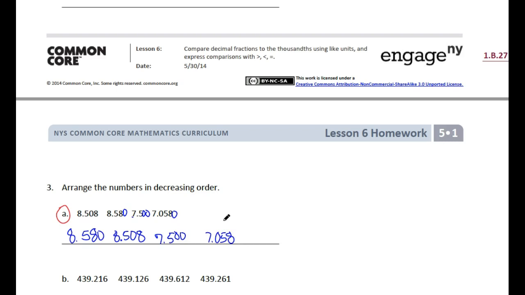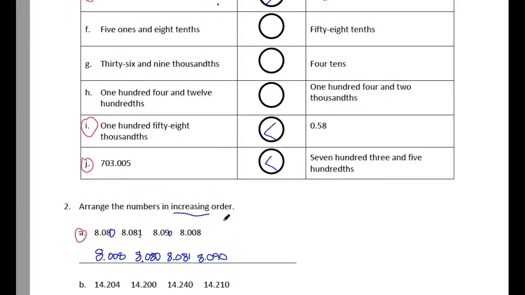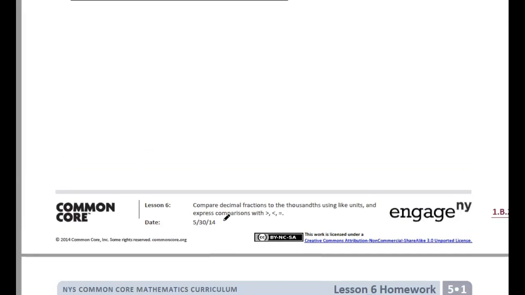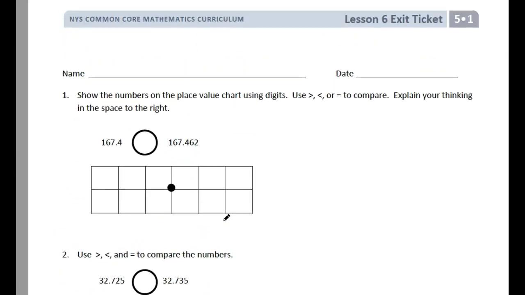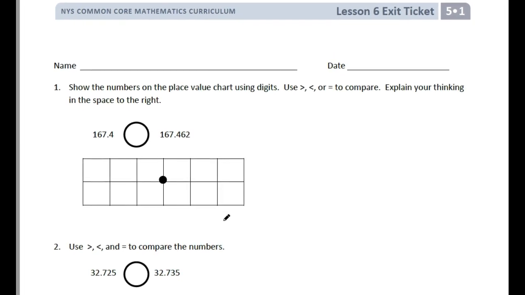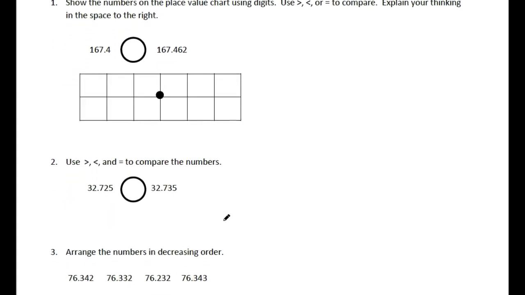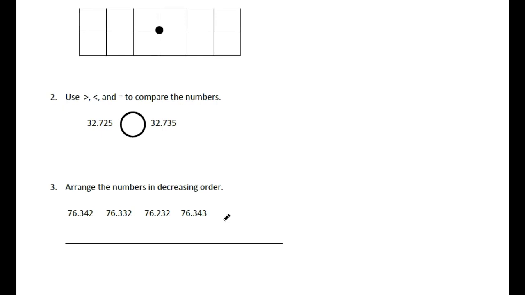Alright, now here's for yours. Scooch on back up here and get to this one. I'm going to skip out on the one with the chart and just go with this one right here. I would like you now to try what we just did.